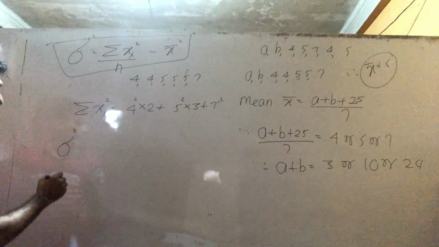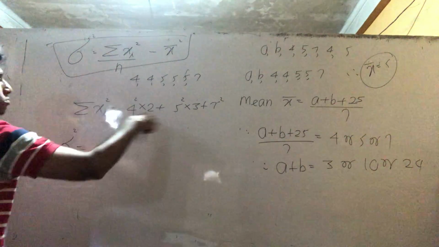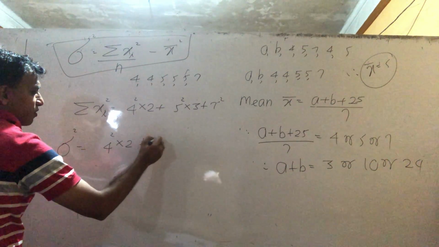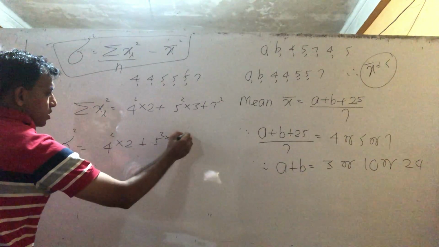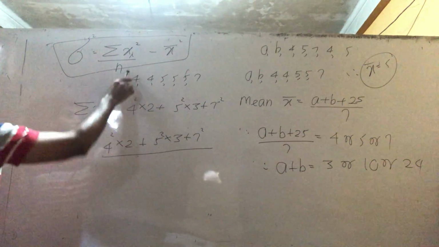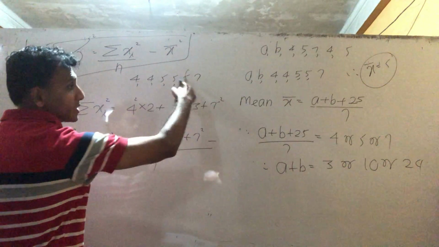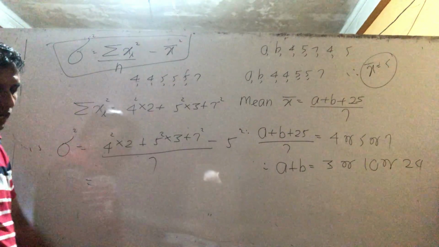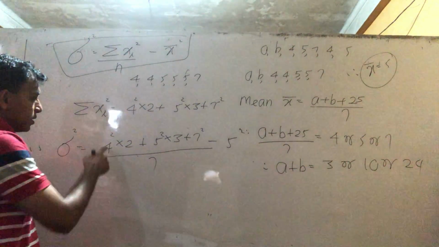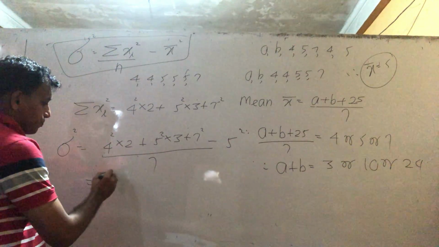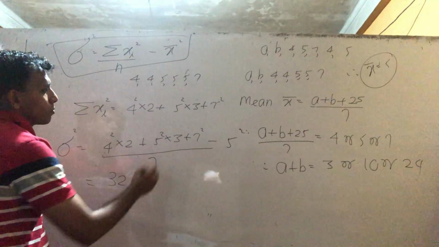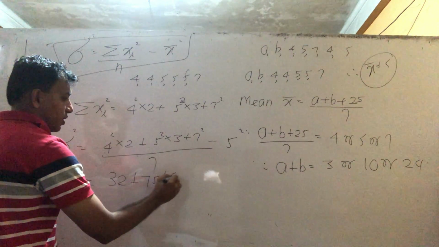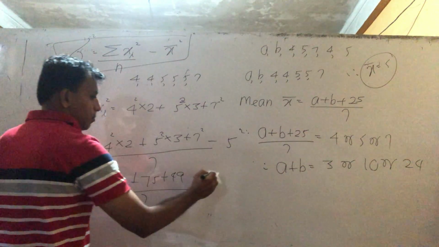So this formula is called the variance. Sigma xi squared, you can write as 4 squared into 2, which is 32, 5 squared into 3, plus 7 squared, everything divided by n, 7, minus x bar squared, which is 25. Simplifying, we have 16, 32, 75 plus 49 over 7 minus 25.